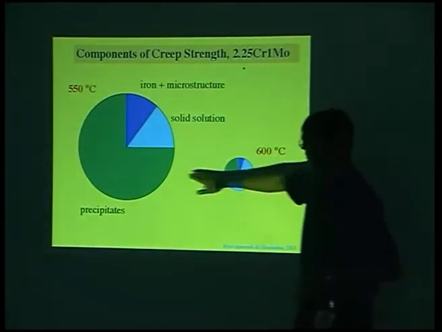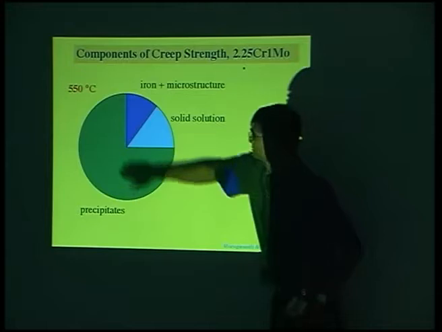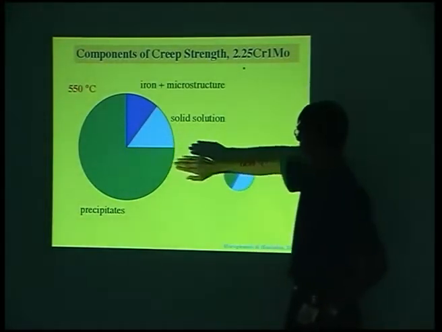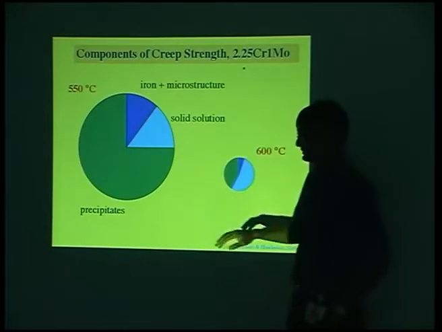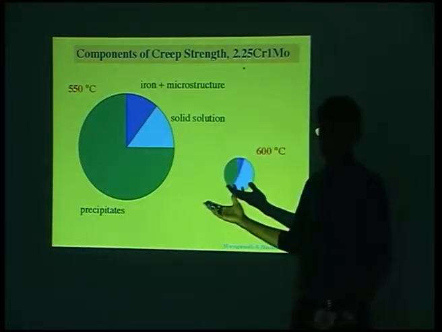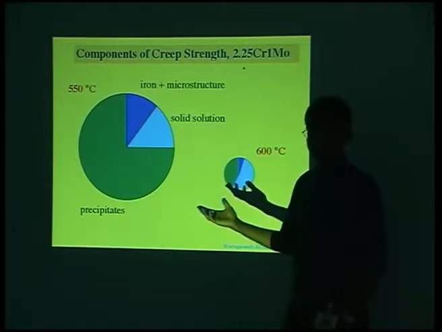Okay? And we can say that, look, here, this much of the strength comes from precipitates, from the microstructure, from solid solution strengthening, and how that changes with temperature. So this kind of information is extremely valuable from the point of designing alloys.